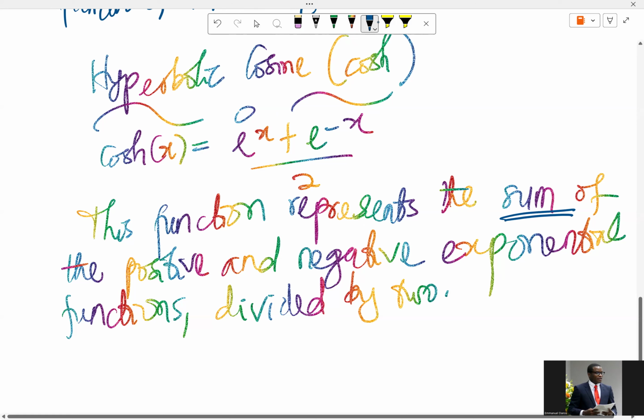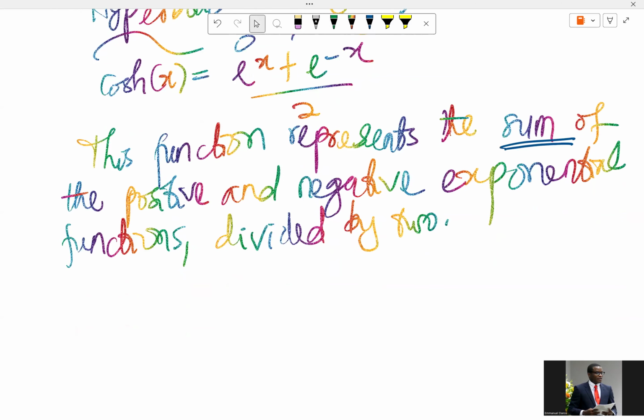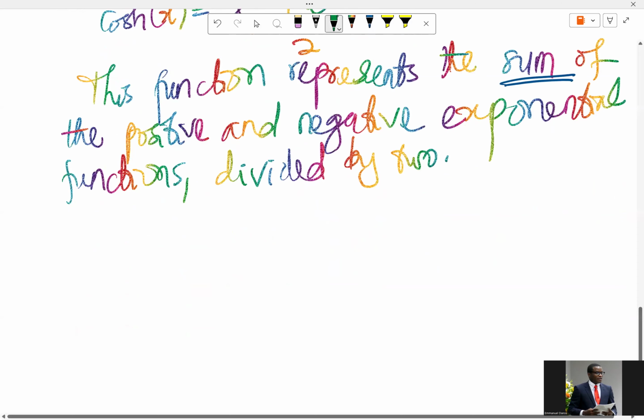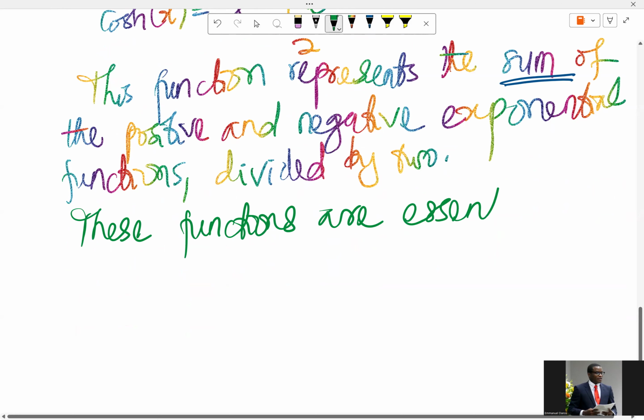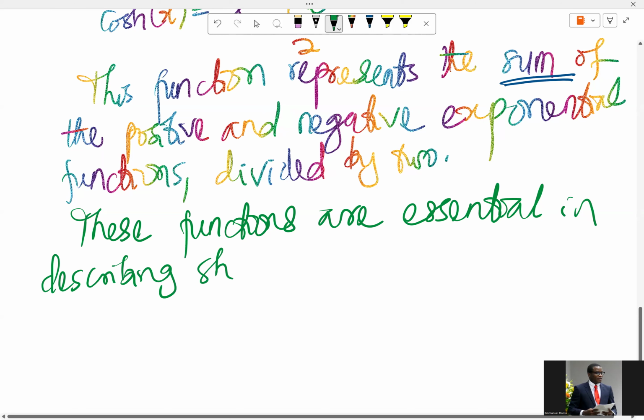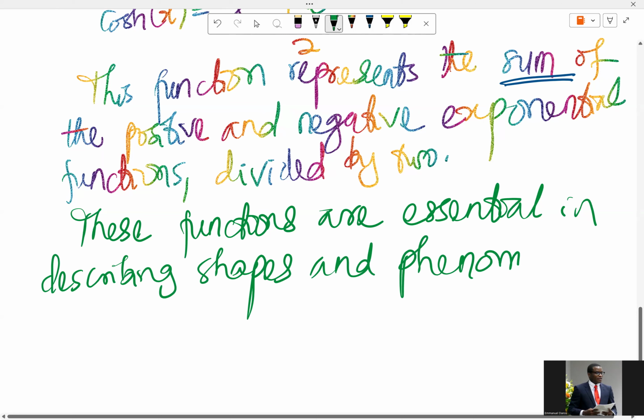Okay, so we need to know that these functions are essential in describing shapes and phenomena that occur in hyperbolic geometry.